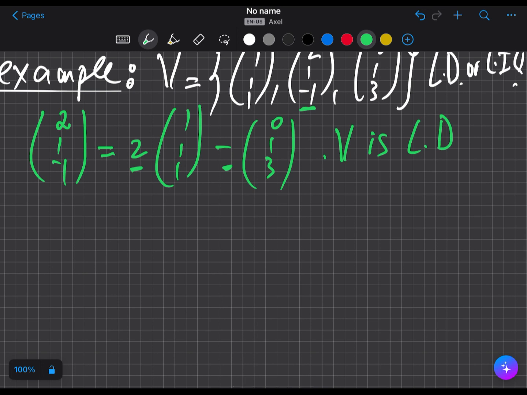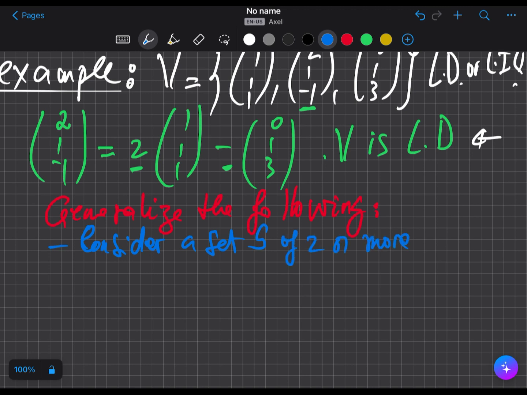Now, from this example, we can generalize the following fact: if you consider a set S of two or more vectors, the following statements are equivalent.